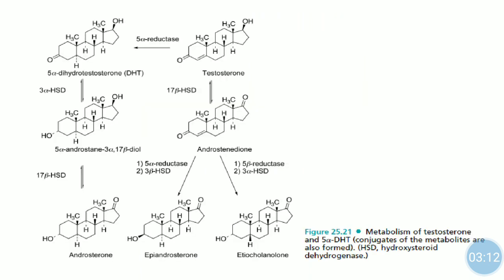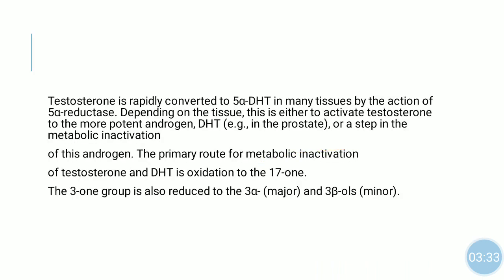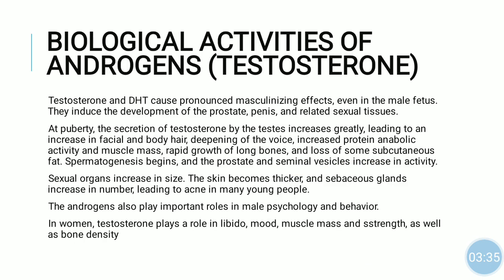We have seen the SAR and also the metabolism. Testosterone undergoes metabolism using two enzymes, 5-alpha reductase and 17-beta hydroxysteroid dehydrogenase, to give androstenone, epiandrosterone, and other derivatives. Now, in today's class, we are going to observe the different biological activities displayed by the androgens.